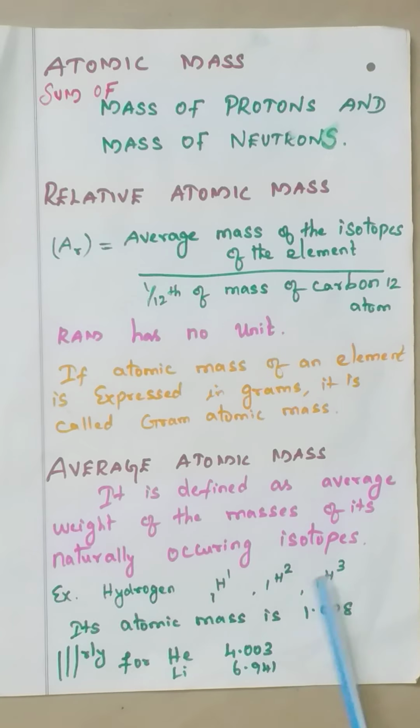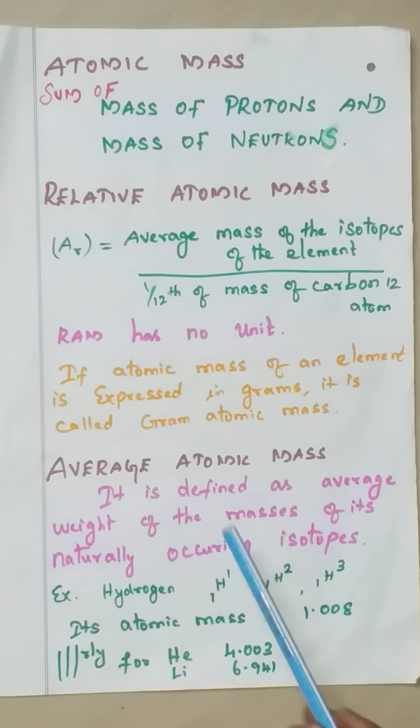If we compare their weight, protium has a mass of nearly 1, then 2, then 3. If we take the average of all three isotopes' atomic weights, it gives nearly 1.008. Generally we say the atomic mass of hydrogen is 1, but the accurate value is 1.008.